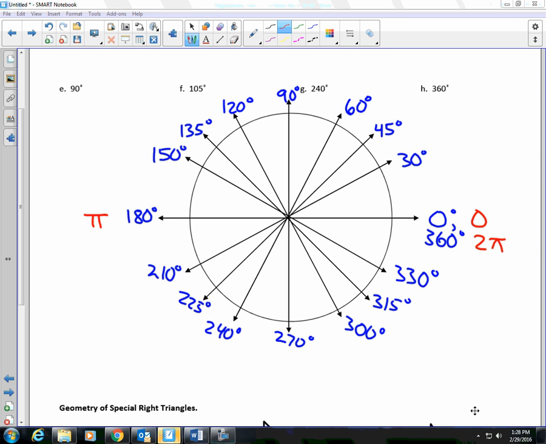Let's look at 90. How does 90 compare to 180? It's half. So 90 will not be pi, it will be pi divided by 2.